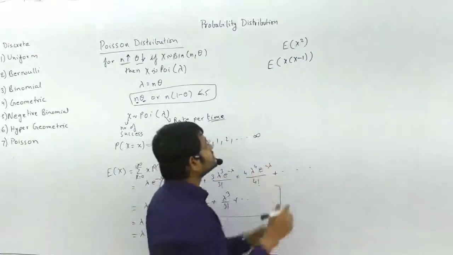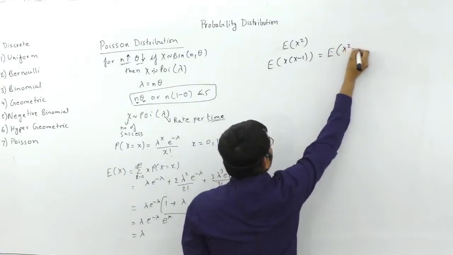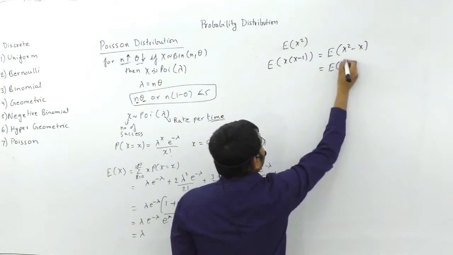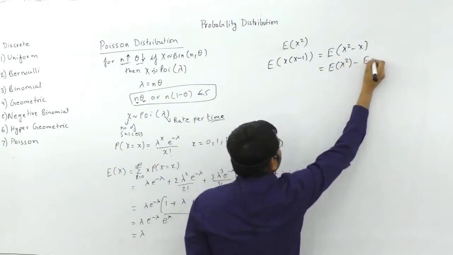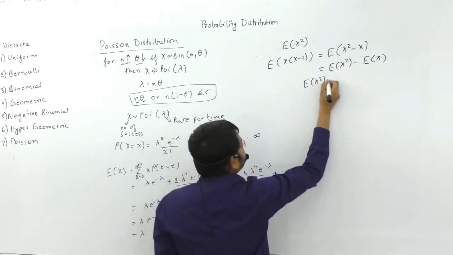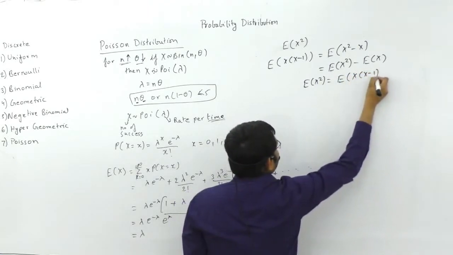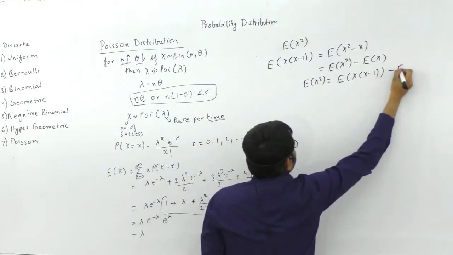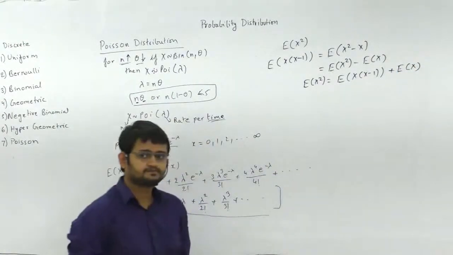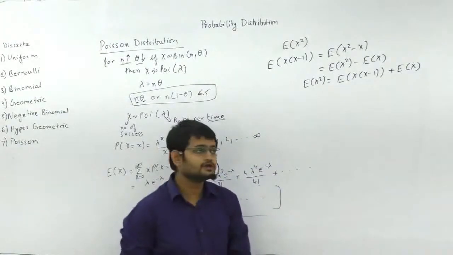So E of x into x minus 1 can be written as expected value of x square minus x. That can be written as expected value of x square minus expected value of x, or I can say expected value of x square would be E of x into x minus 1 plus E of x. So we can find the expected value of x square using this particular term.